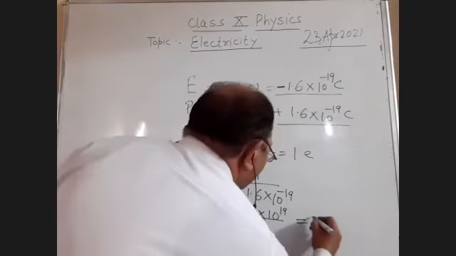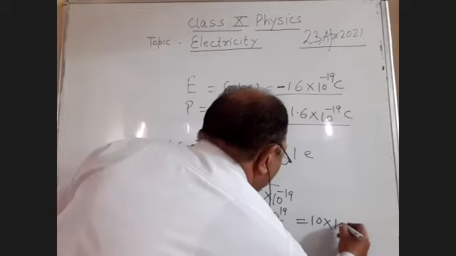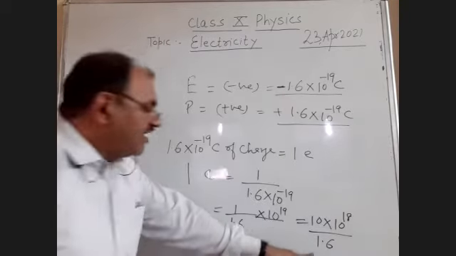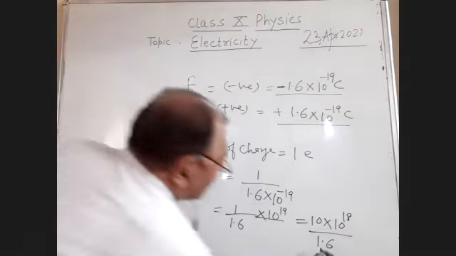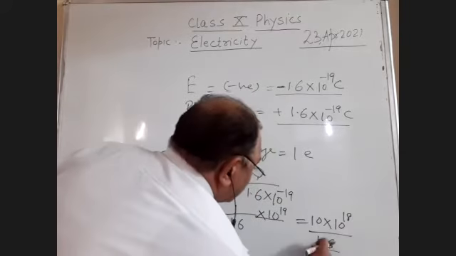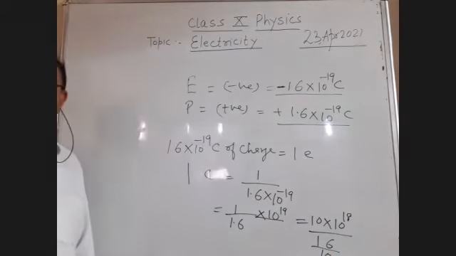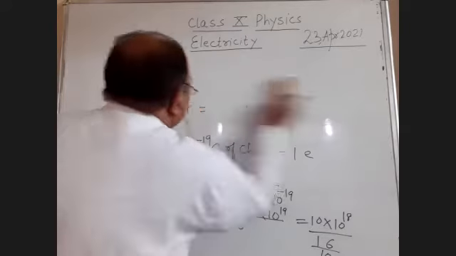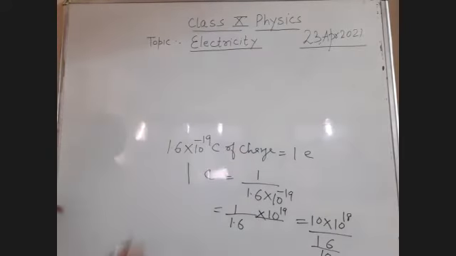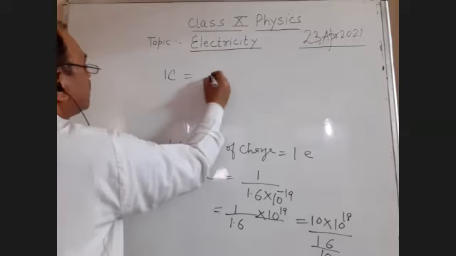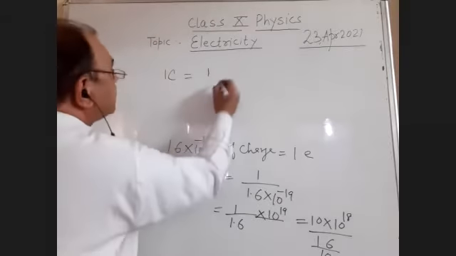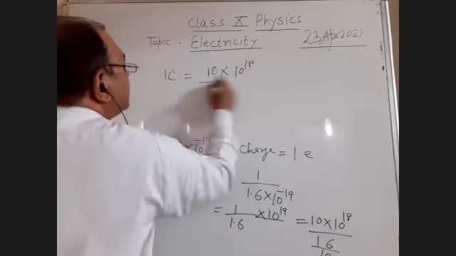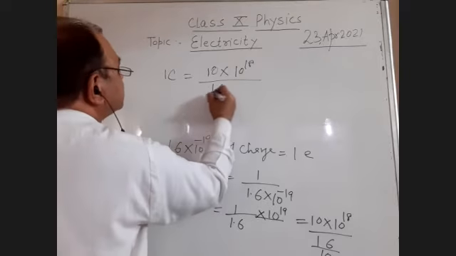I can write 10 raised to the power 19 as 10 into 10 raised to the power 18, divided by 1.6. I want to remove this decimal, students, so I'll put this 10 here. Is it clear, students? Again, I write here: 1 coulomb of charge is equal to 10 into 10 raised to the power 18 divided by 16 by 10.